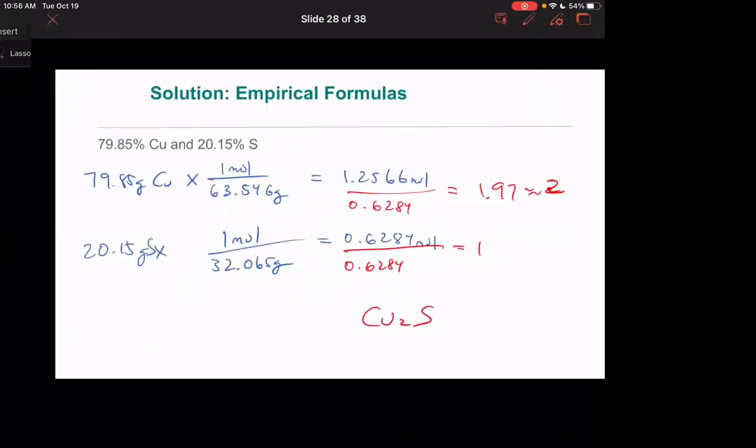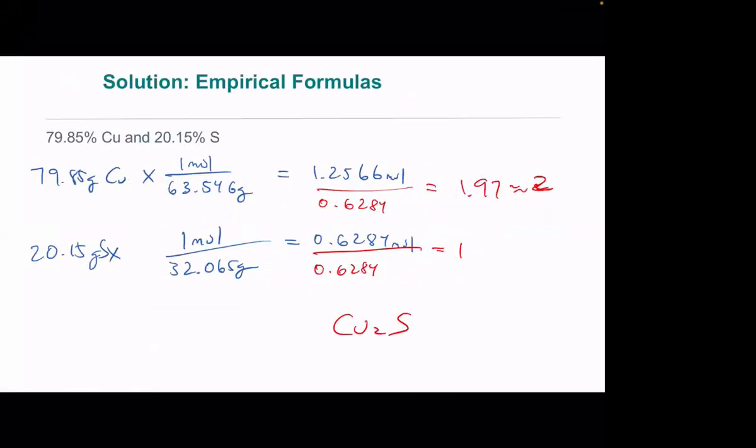Questions? Percent to mass, mass to moles, divide by smallest, and if necessary, multiply to a whole. We good? All right, good place to stop.